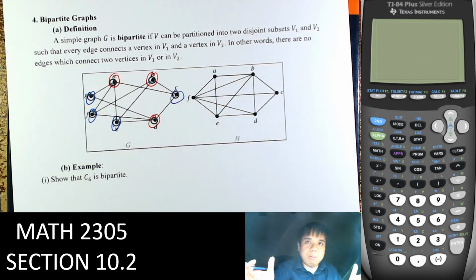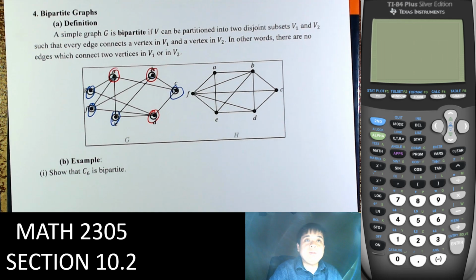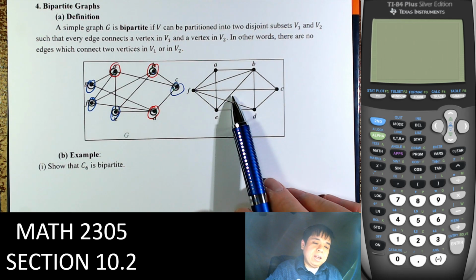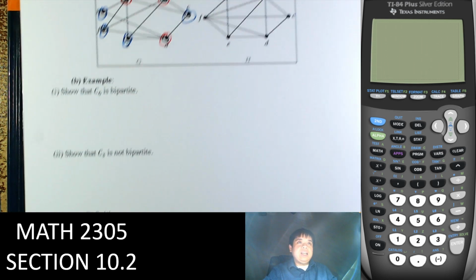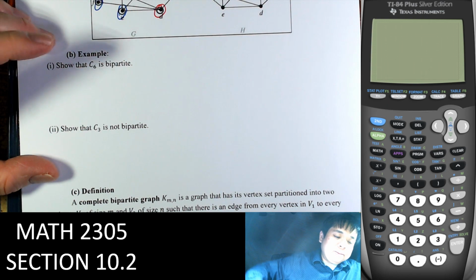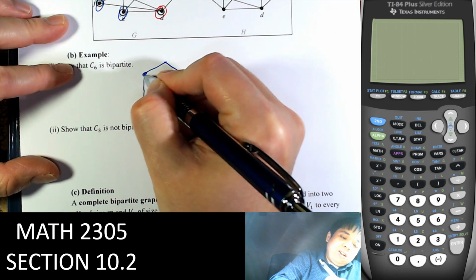They don't connect to themselves, they connect to the other side. This one connects to the other side. Check. This one cannot. I see how that works. So that C6 is bipartite. C6 is pretty much a hexagon.